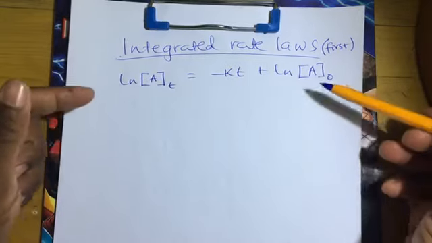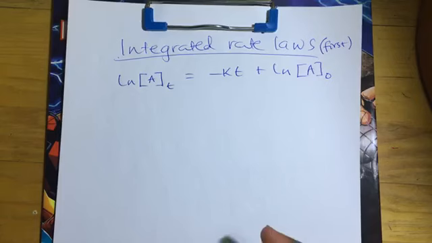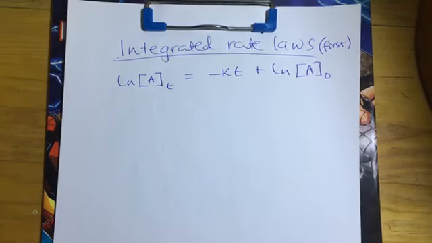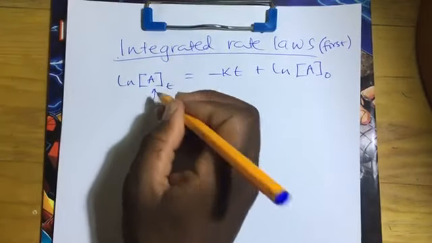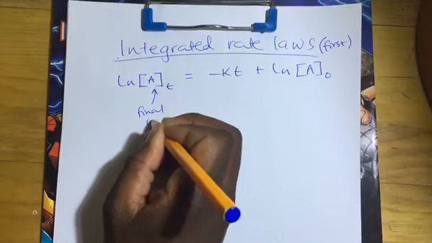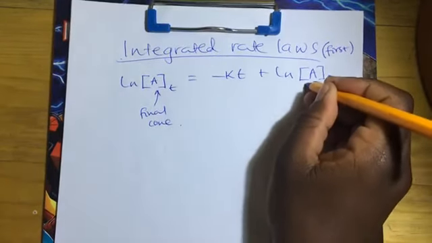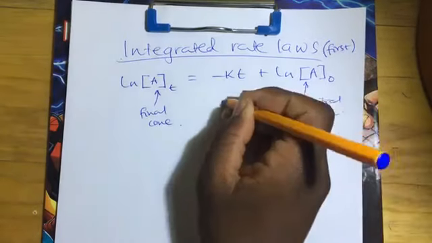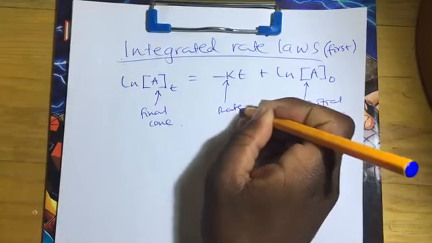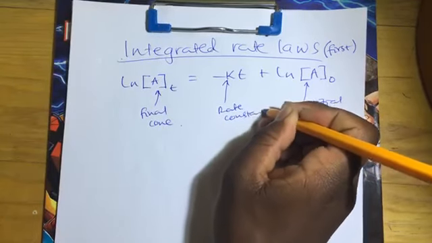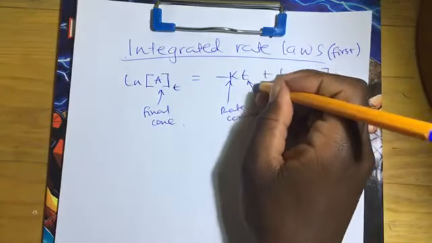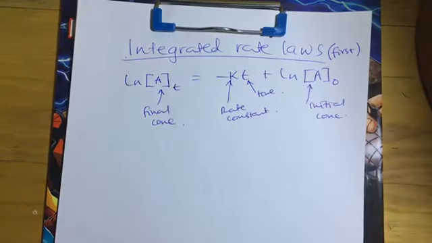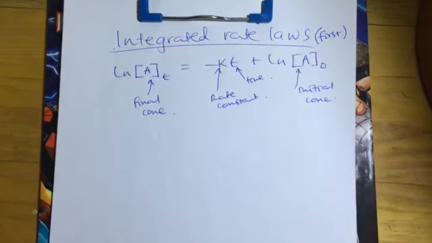My advice is write it a second time so that you get it. [A]t is the final concentration. [A]0 is the initial concentration. k is the rate constant, and t refers to time, time in seconds. So that is the first order integrated rate law.